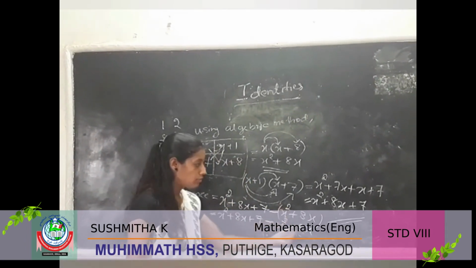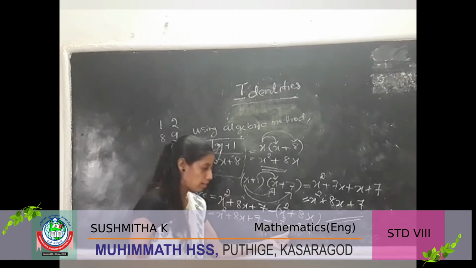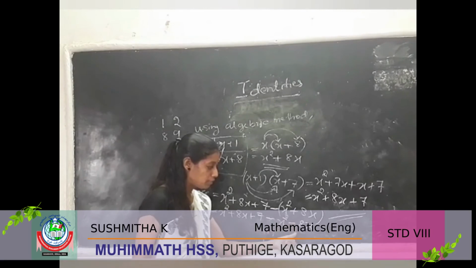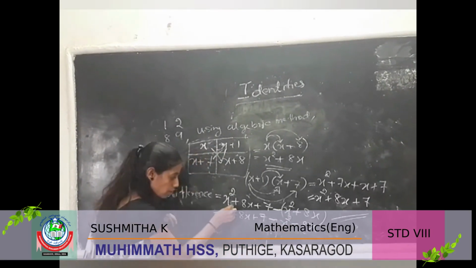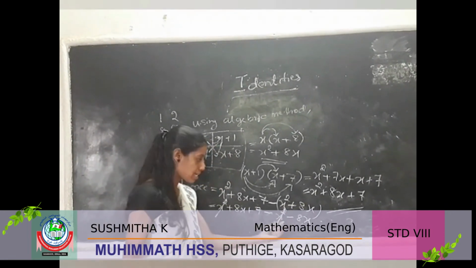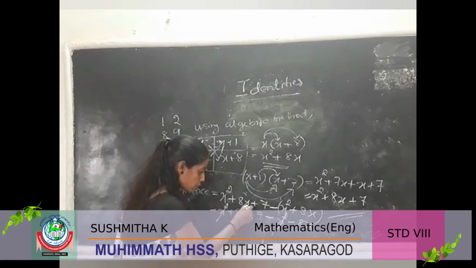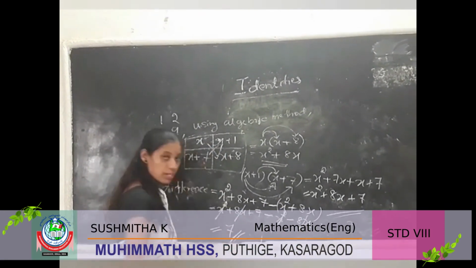If we remove the bracket, the signs are converted. So plus x square and minus x square cancel, and also 8x and minus 8x cancel. So the answer will be 7.